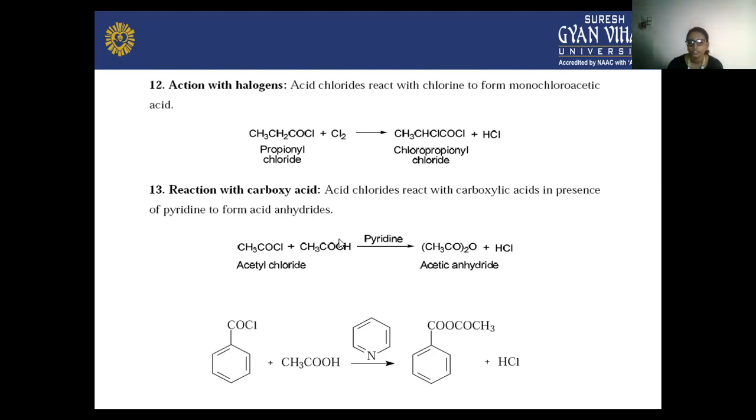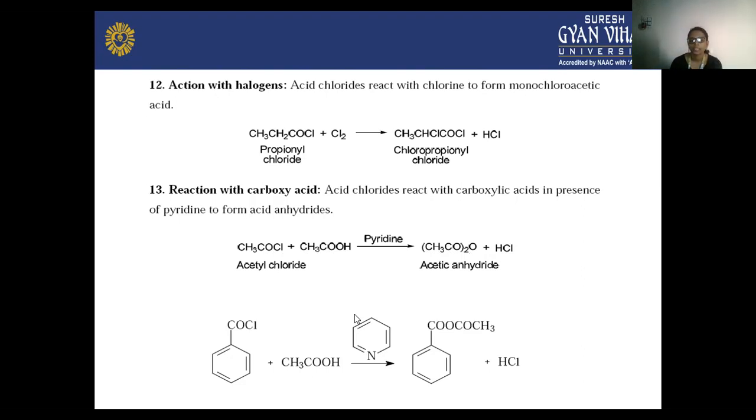The H and Cl will react, and HCl is formed. CH3CO is common, so two molecules of CH3CO are present. That is why we have used a bracket with (CH3CO) whole twice, and this oxygen is alone, and there is a formation of acetic anhydride, (CH3CO)2O.